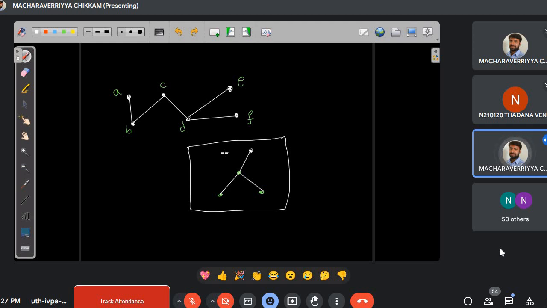If I go for one more vertex, then I can make exactly 2 pendant vertices. All right. Now we are very sure that this graph does not have a Hamilton path.